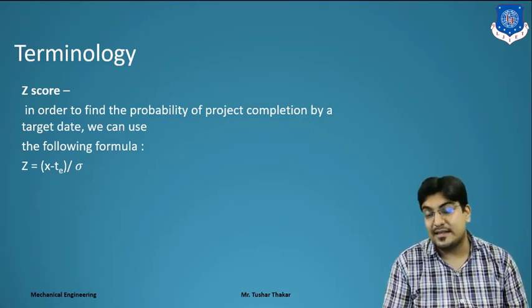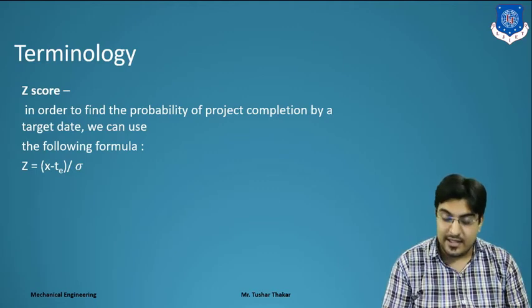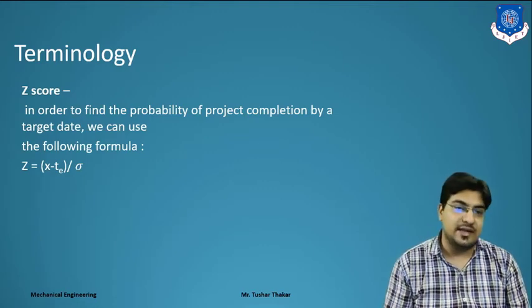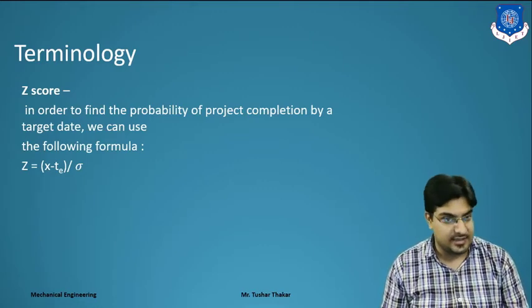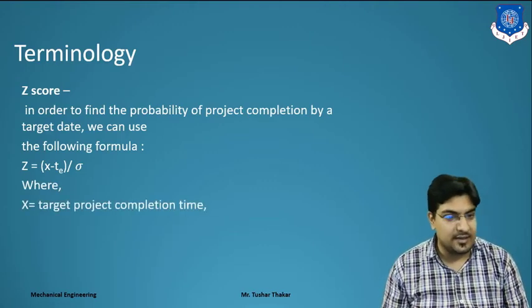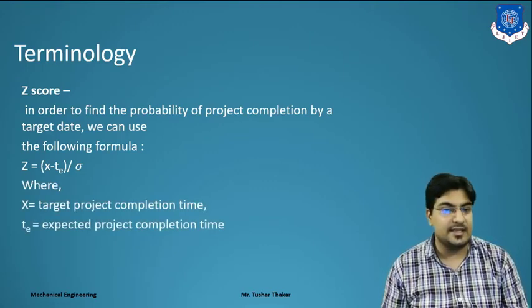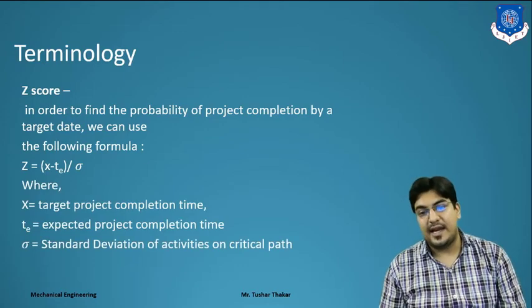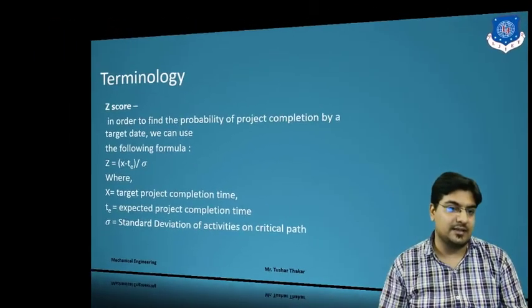Clear? And sigma is the standard deviation, the square root of the summation of the various activity variances on the critical path.